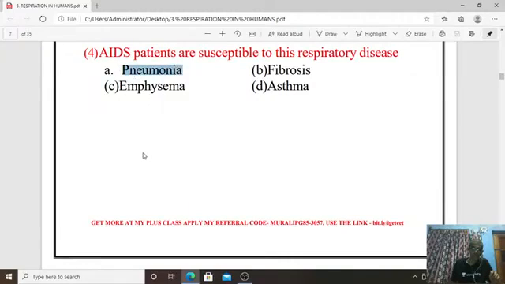They get pneumonia very easily, because in HIV patients, as we know, acquired immunodeficiency syndrome means the immunity power is very low, so they are highly susceptible to airborne diseases like pneumonia. So the answer is A for this fourth question.